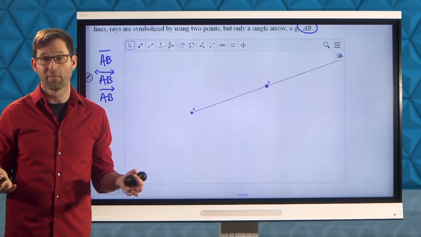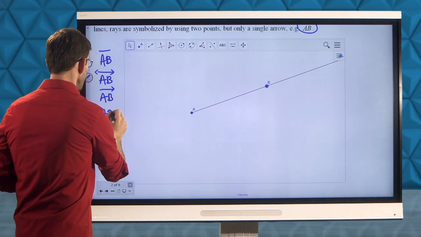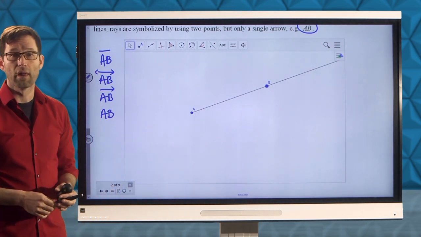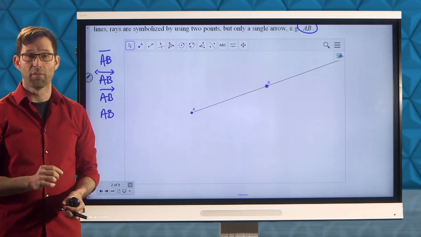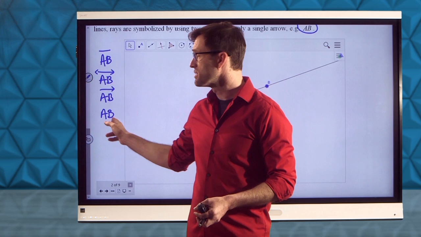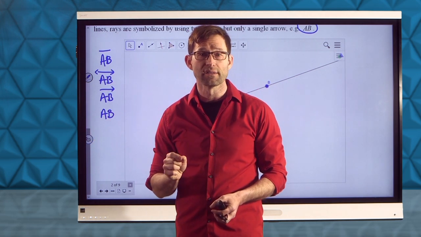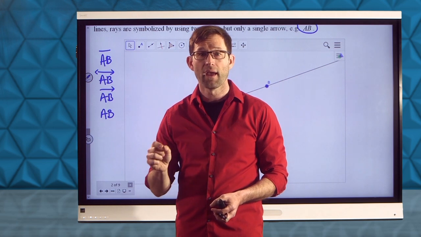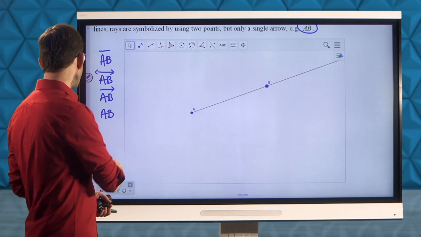And finally, to make matters even more confusing, you've also got just the 2 letters that have nothing above them whatsoever. And keep in mind, when you've got this situation, what this means is the length of the line segment between point A and point B, literally a length.